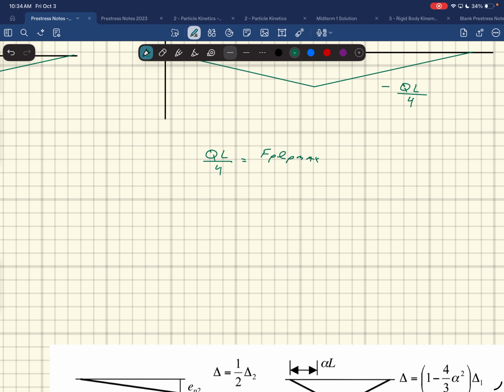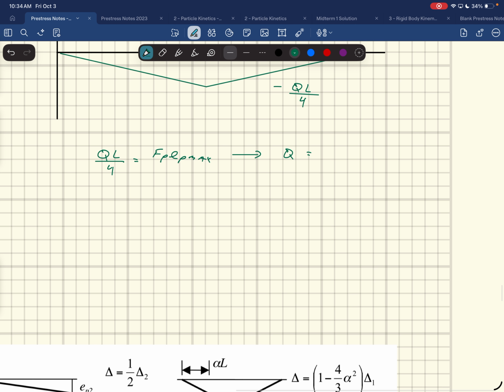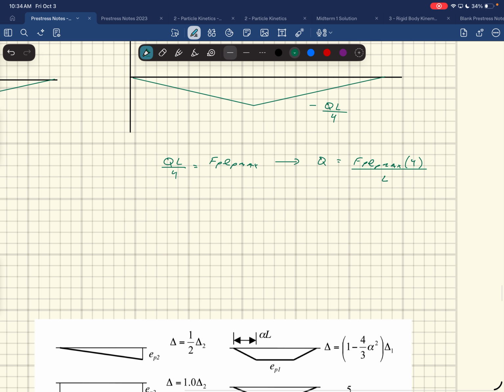You set those equal, they're equivalent to each other, and we can solve for the Q that you would need. In this case, the equivalent load you'd put on there would be Q equals F P e_p max times 4, all over L. That's the equivalent load that would give you the same moment and same type of behavior.